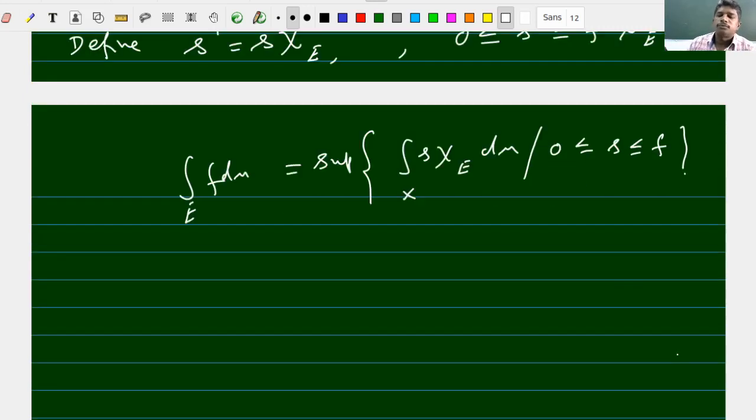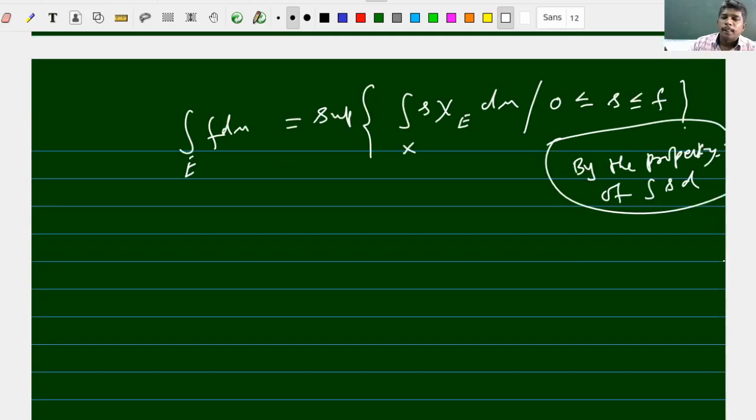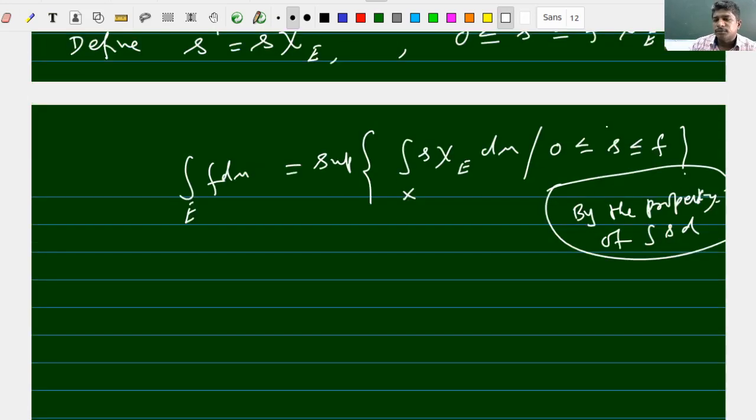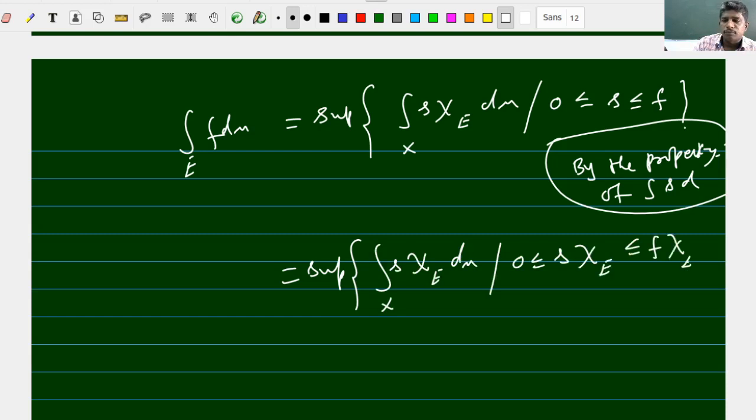This is by the property of the integral of s d mu, which we have already seen, and in the place of s you write s times the characteristic function. So the supremum over all integrals over X of s times the characteristic function of E d mu for 0 ≤ s ≤ f.